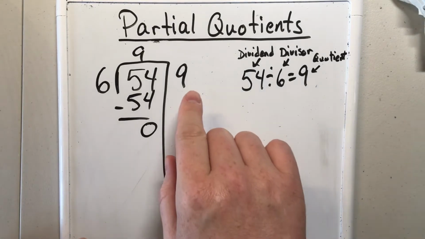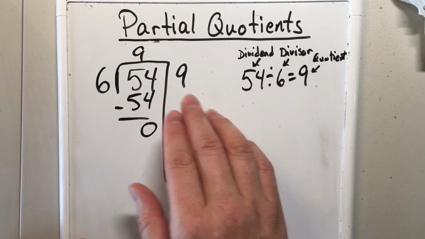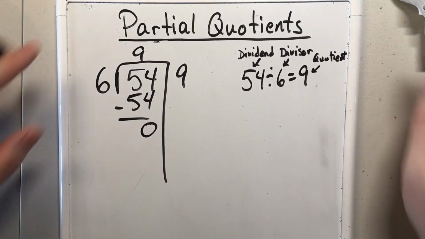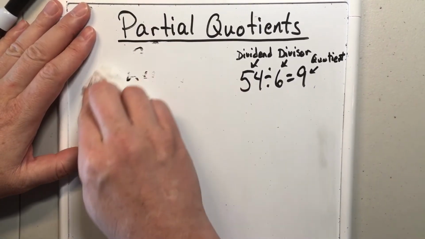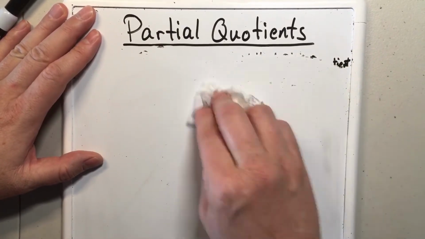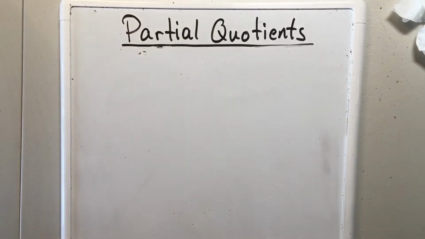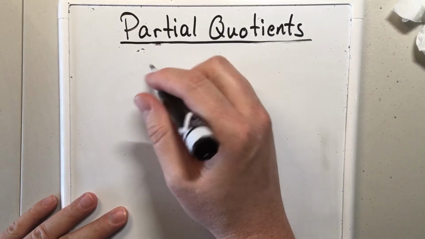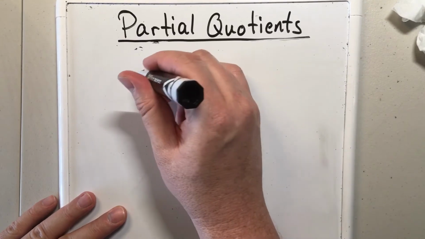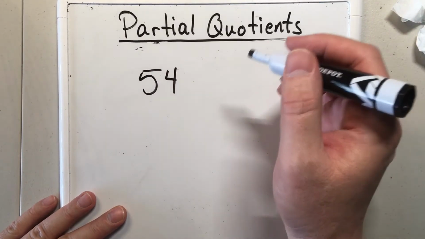You can go directly there, or you can use different partial quotients to get to that point. Okay, so let's look at some more examples. One thing that's awesome about partial quotients that I completely love is that it causes you to extend your basic facts.